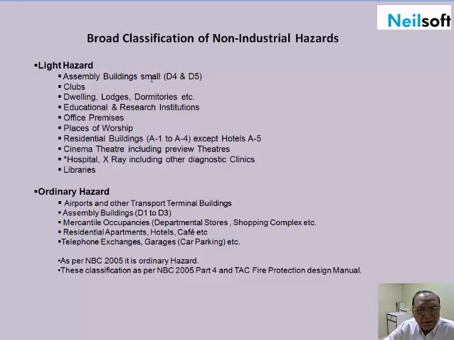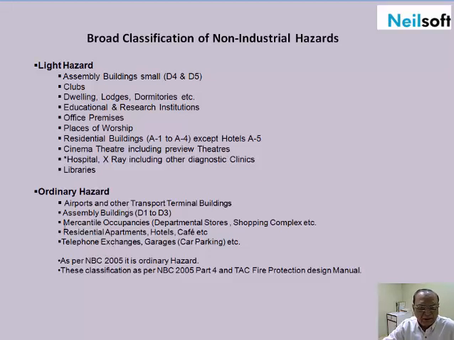The assembly buildings are classified in the D4 and D5 sections of the same NBC part, and likewise they are explained this way, and these are the ordinary hazard.